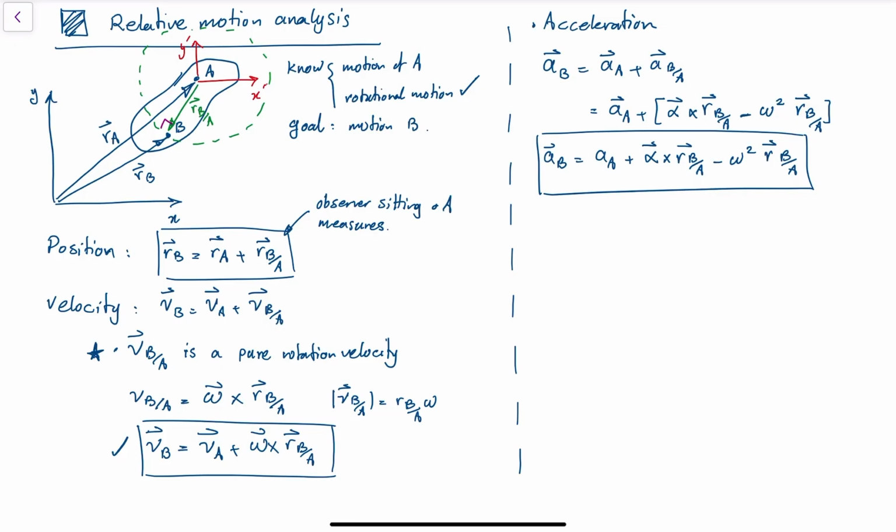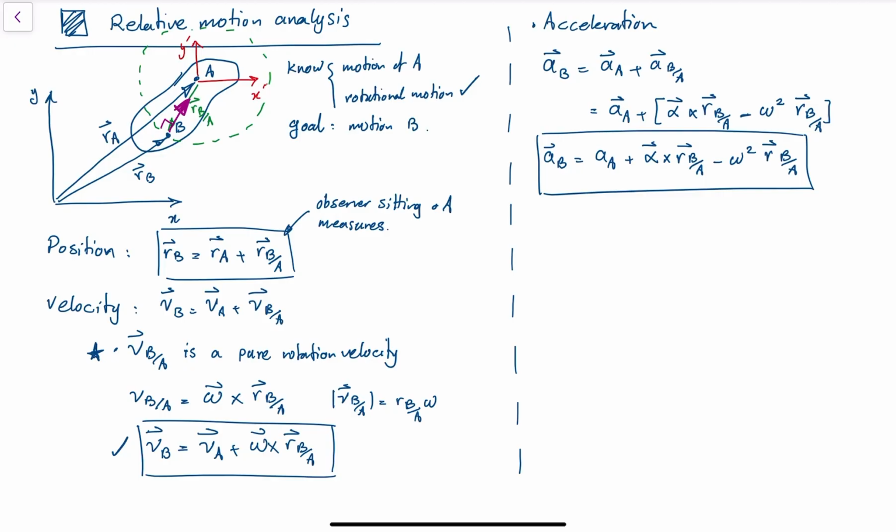Remember that we had two components for acceleration. One was the centripetal one, that is omega cross omega cross r, or omega squared times r. I just realized my velocity vector was the opposite of the one I had drawn, but that's fine.